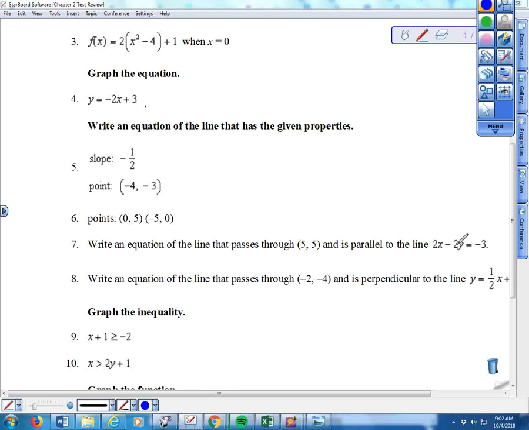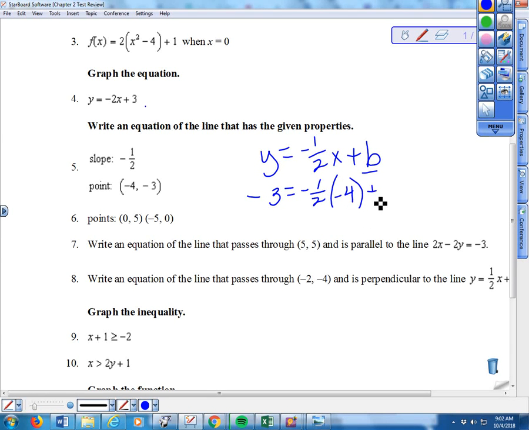So I'm going to just start with the slope. I don't know the y-intercept, which is b. But I do have a point. So I'm going to plug it in. And negative 1/2 times negative 4 is positive 2. Everybody see that? Equals.